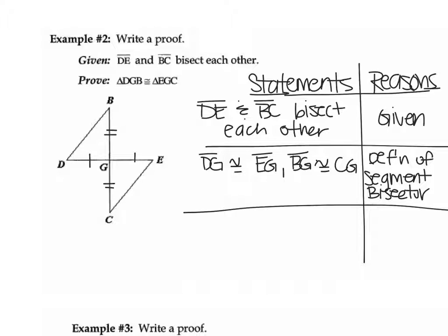So that just leaves us with side, angle, side. So I have to be able to say something about angle BGD and angle CGE. Well, since I know BC and DE are two intersecting lines, that would make those two angles vertical, which means they are congruent. So I can say angle BGD is congruent to angle CGE by the vertical angles theorem.